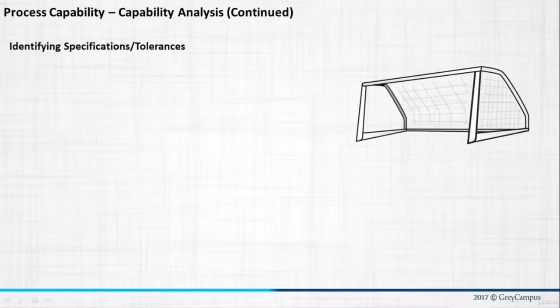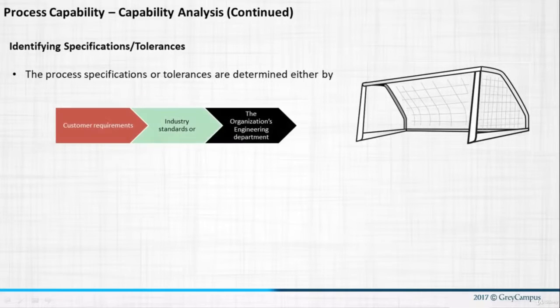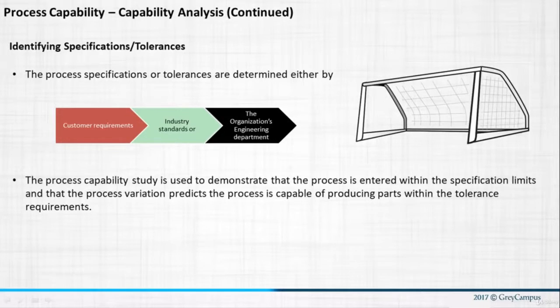I mentioned earlier that the customer defines the specification limits, but who else can do that? Well, we could go to industry standards or the engineering department that converts the voice of the customer into customer requirements.